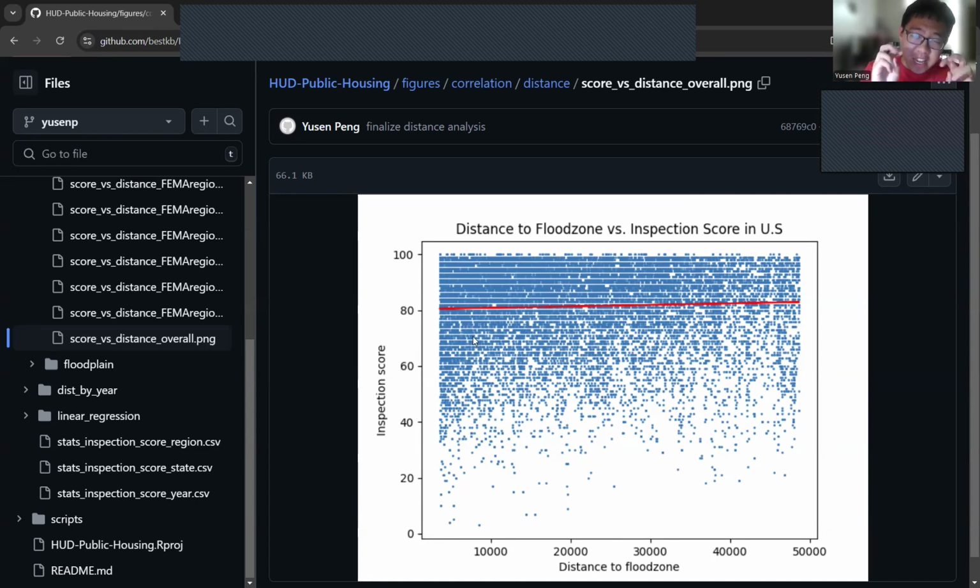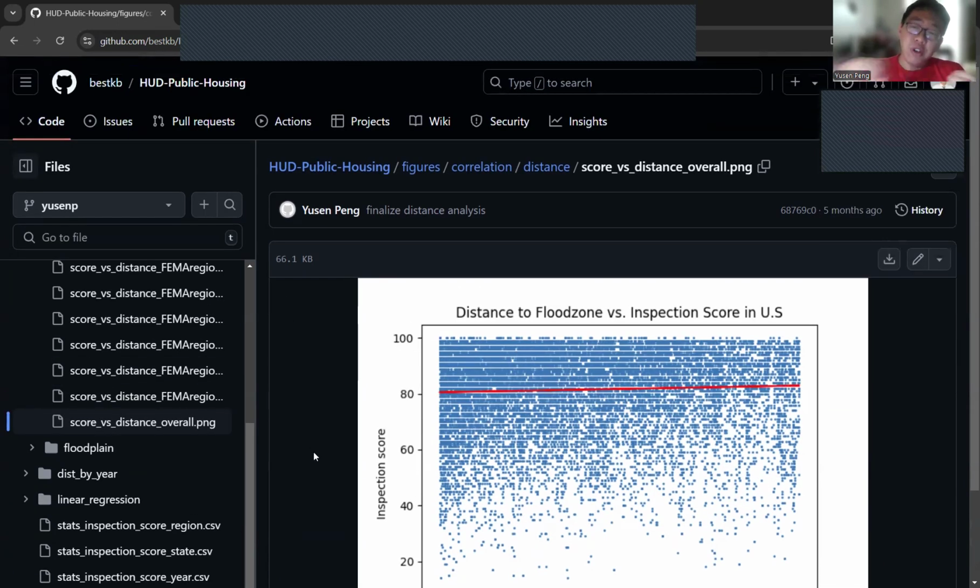But we can see a slight positive correlation, which also makes sense. The farther you are from a flood zone, the less likely you're going to be affected by it, right? So in theory, you can get a higher expression score, and this is also what this figure says. And this is for the United States, right?